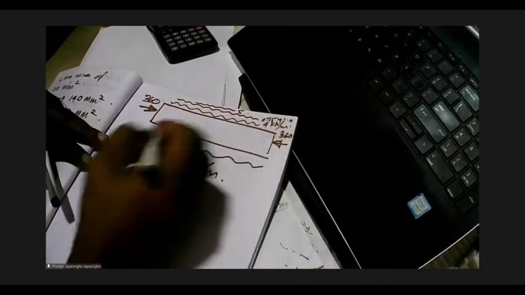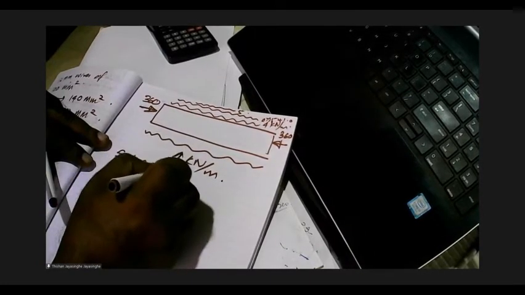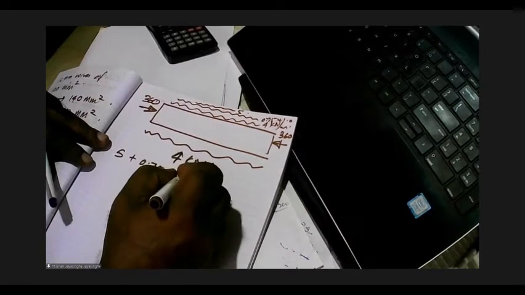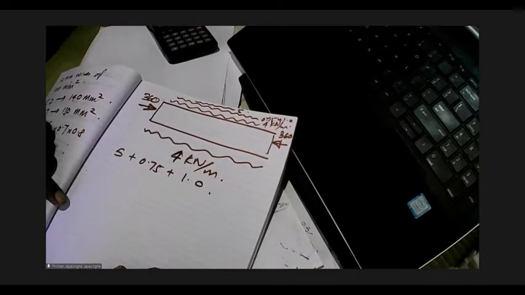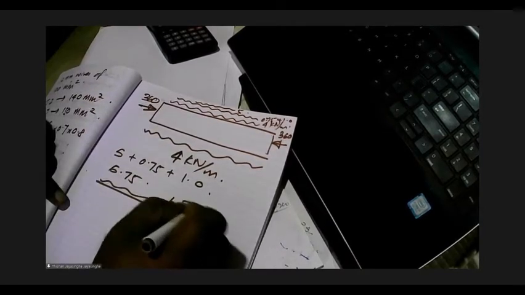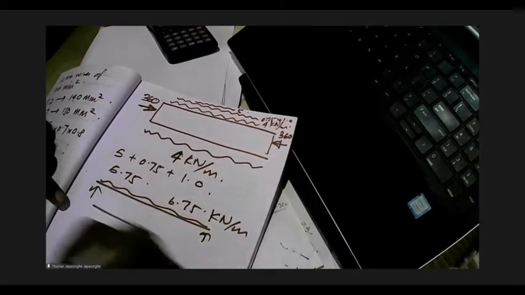The line load is 5. So the addition is 5 plus 0.75 plus 1.0. We don't have to worry about the self-weight because self-weight is already balanced. So this is 6.75 kilonewtons per meter over 6 meters.